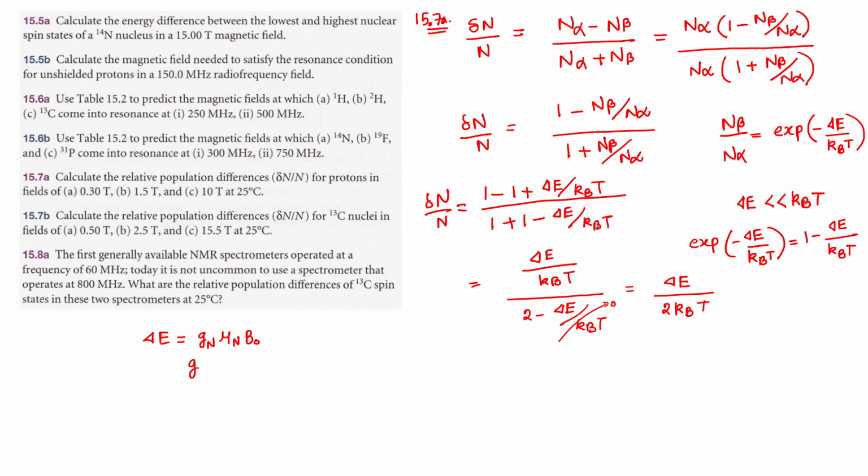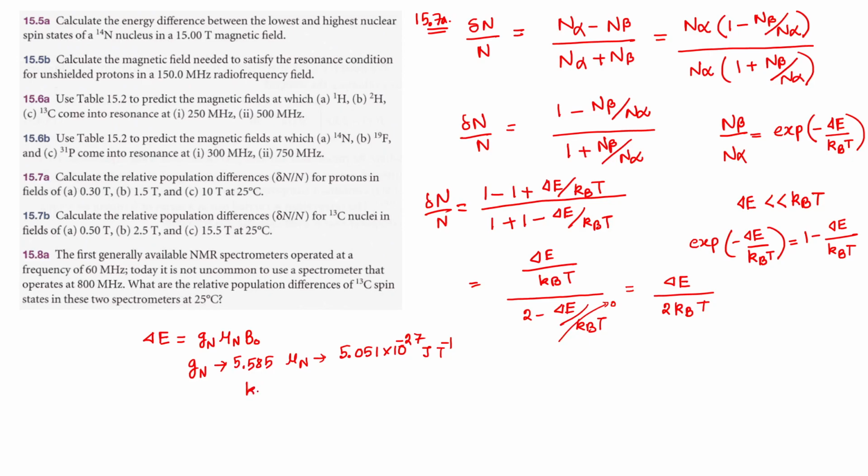With Gn being 5.585, mu n is 5.051 into 10 to the power minus 27 joule Tesla inverse, and B0 is varying here.